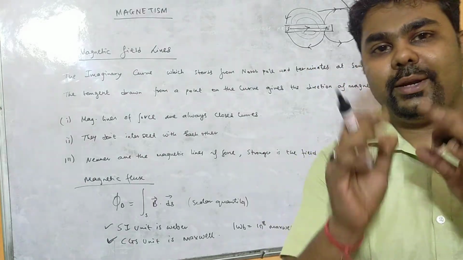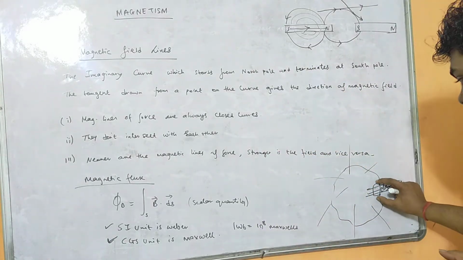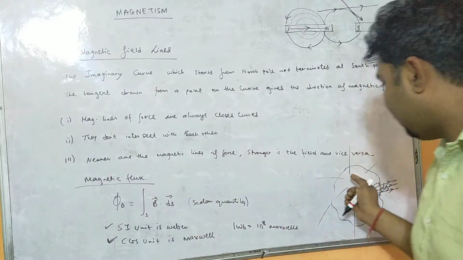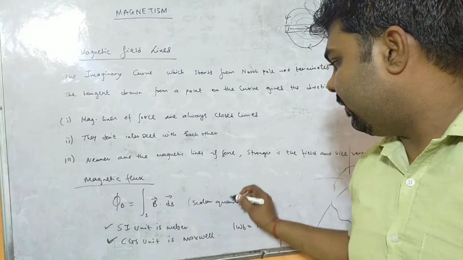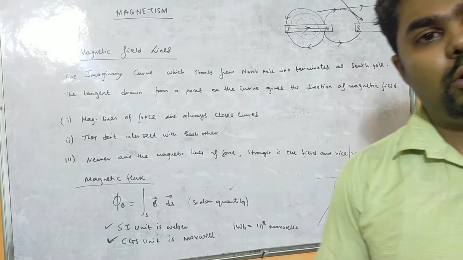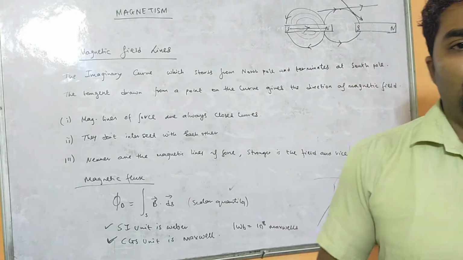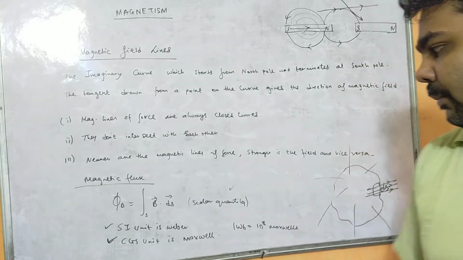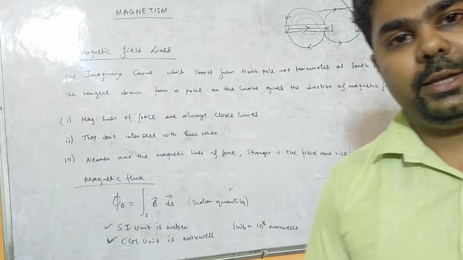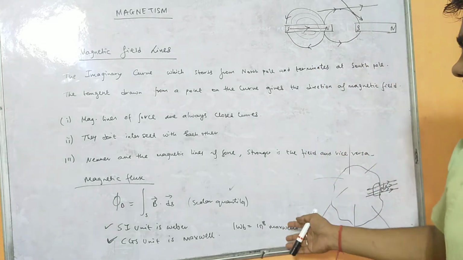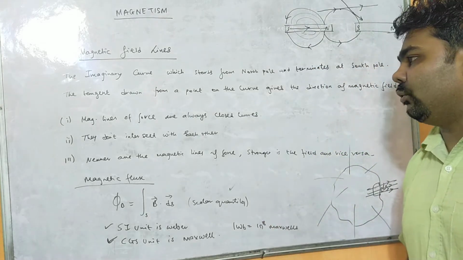We are just calculating how much magnetic flux is emerging from a small ds here, but flux comes from every direction, so it doesn't have any fixed direction, therefore it is a scalar quantity. The SI unit of magnetic flux is the Weber, and the CGS unit is the Maxwell. The relation between them is 1 Weber equals 10 to the power 8 Maxwell.